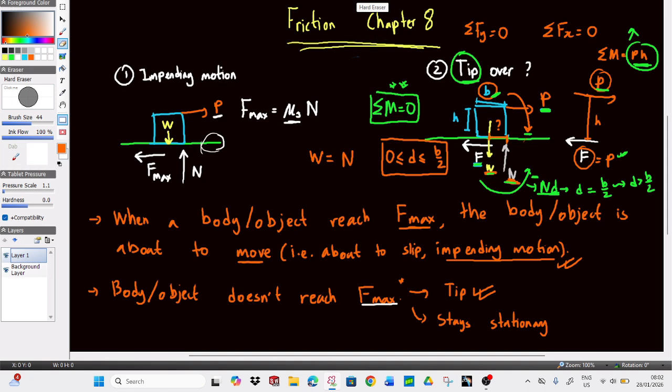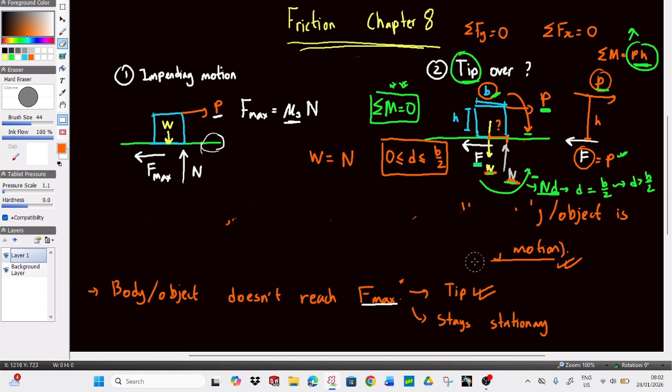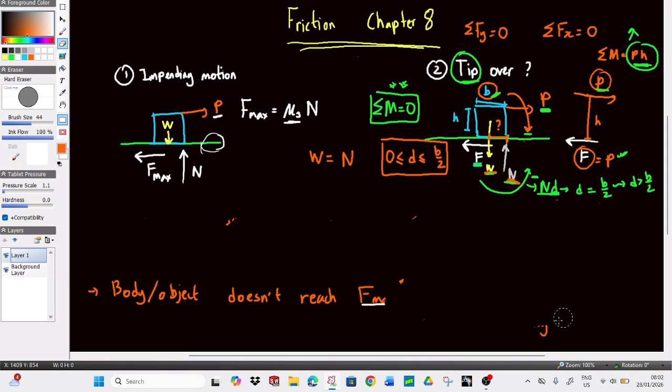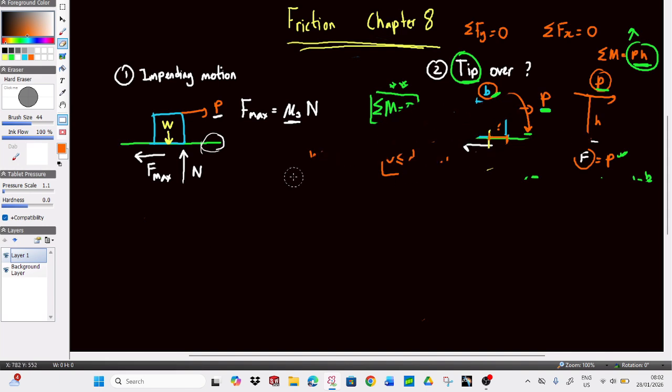So how do we approach friction problems? Let me explain it in more clear detail. I'm going to erase this.